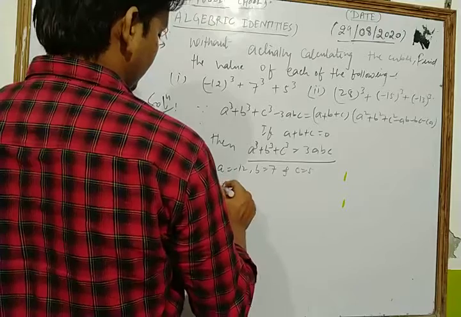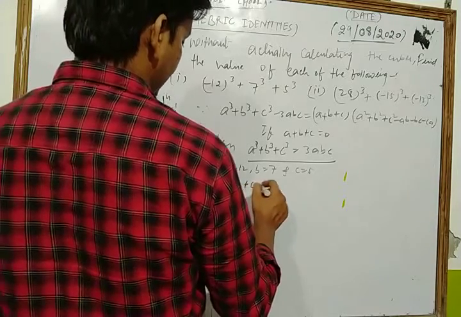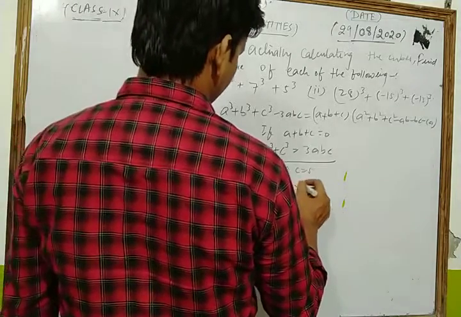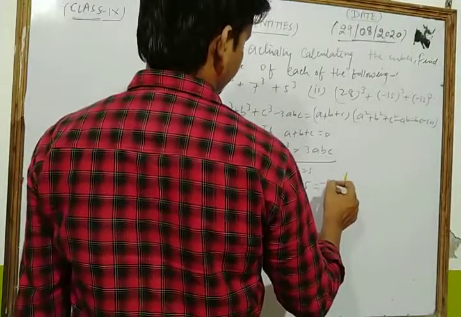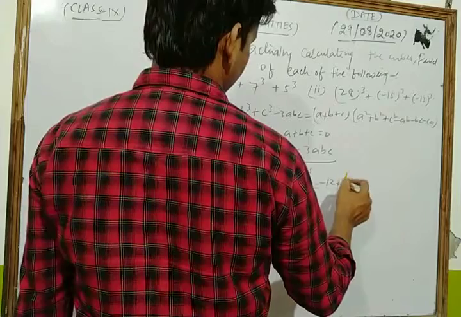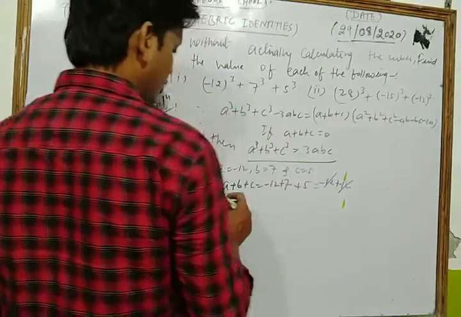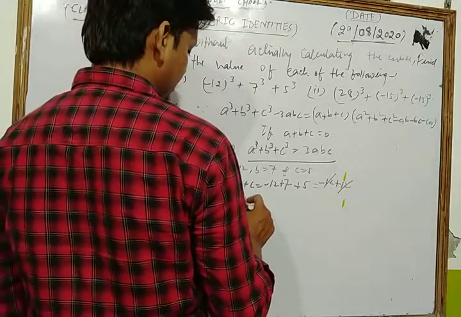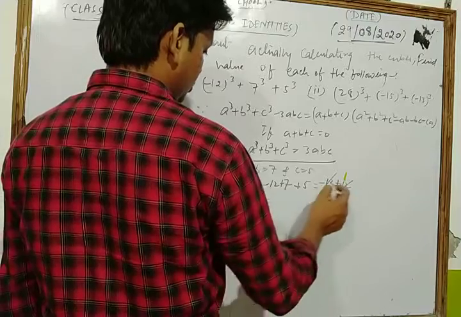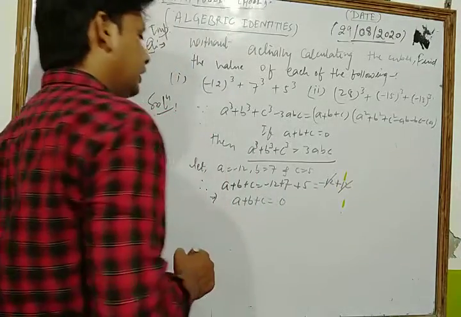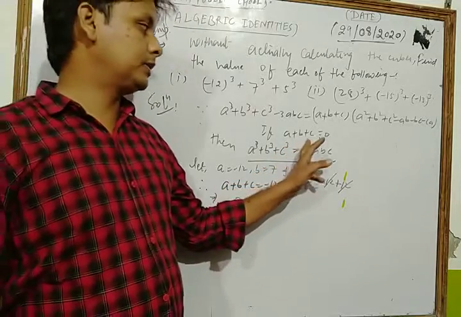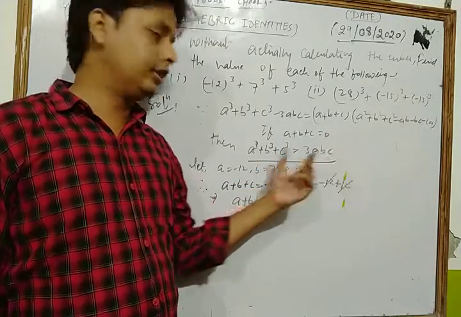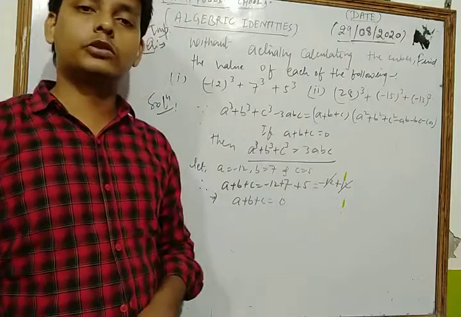Since a plus b plus c is minus 12 plus 7 plus 5, the 12 cancel each other, so we get 0. Dear students, if a plus b plus c is equal to 0, then we get the relation a cube plus b cube plus c cube is equal to 3abc.